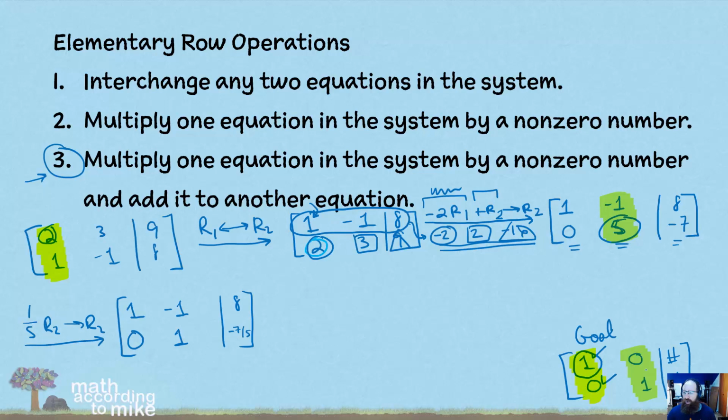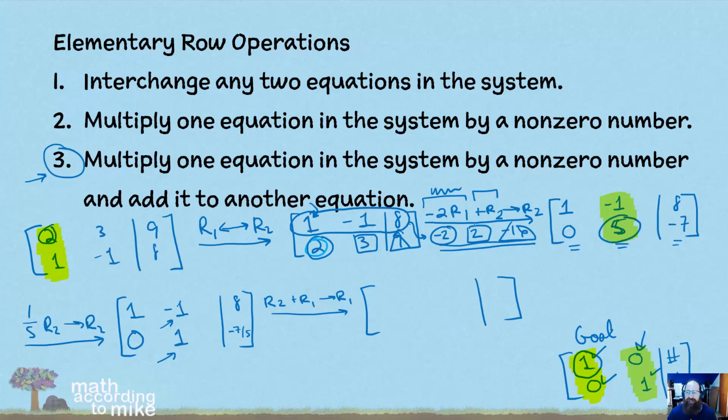So notice we got our 1 in the 2, 2 entry. That's great. And now we need a 0 in the 1, 2 entry. Well, we have a 1 here. We have a -1 here. So notice if I say add row 2 to row 1, and that will create the new row 1, then we're good to go.